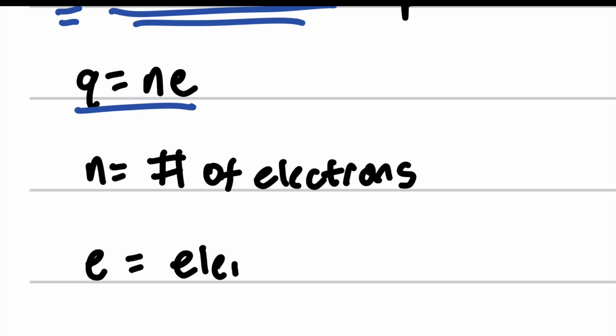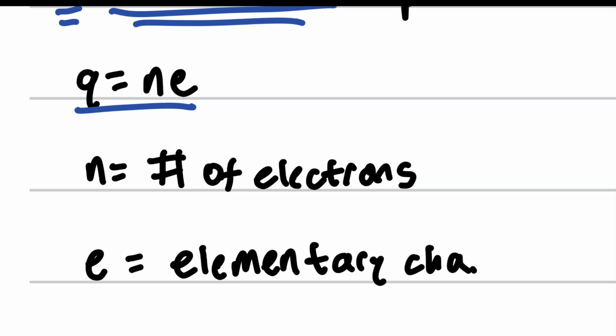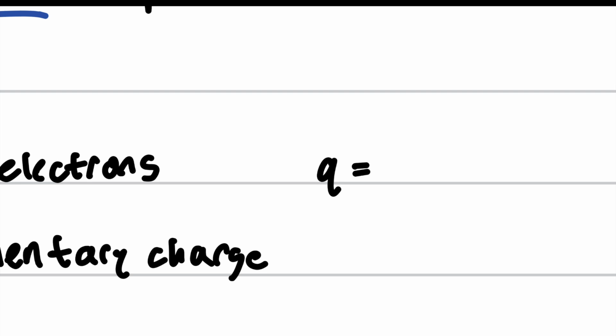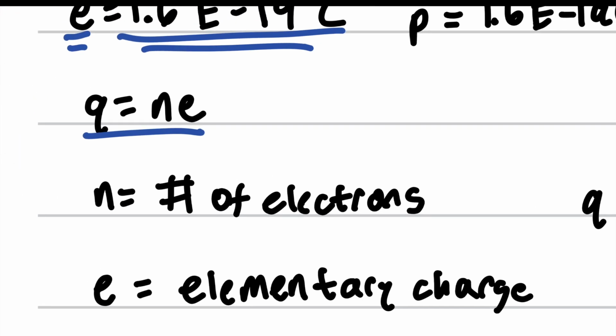That's what it's called, the charge of an electron. And Q is just the charge of the object or thing. And so you can find out how many electrons are there in a specific object.